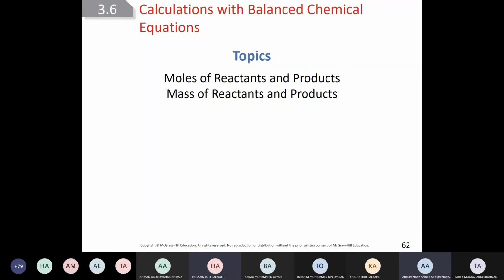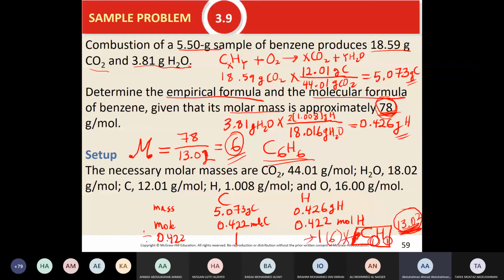Doctor, how do you know that benzene is CH? That's what we did. That's the whole calculation here to make CH. Do you know how to do this? Yes, I know, but do you have to memorize the formula of the CH? No, you have to remember that you have one here and one here, and this means it is CH.